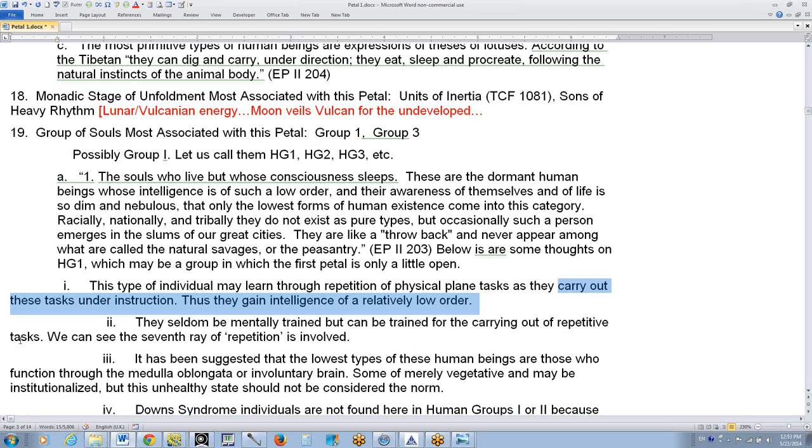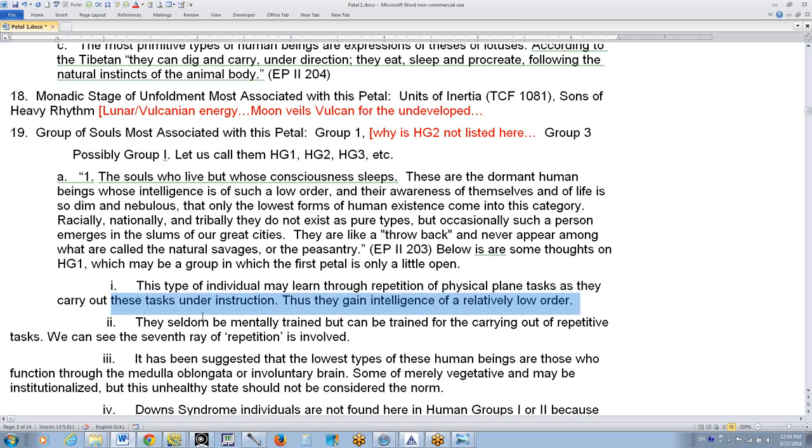And they seldom can be mentally trained, but can be trained for the carrying out of repetitive tasks. And that's even true of human group 2. And I have to ask, why is HG2 not listed here? I think it should be. There may be some mistake in the transmission, in transferring it to this text. So they seldom can be mentally trained.